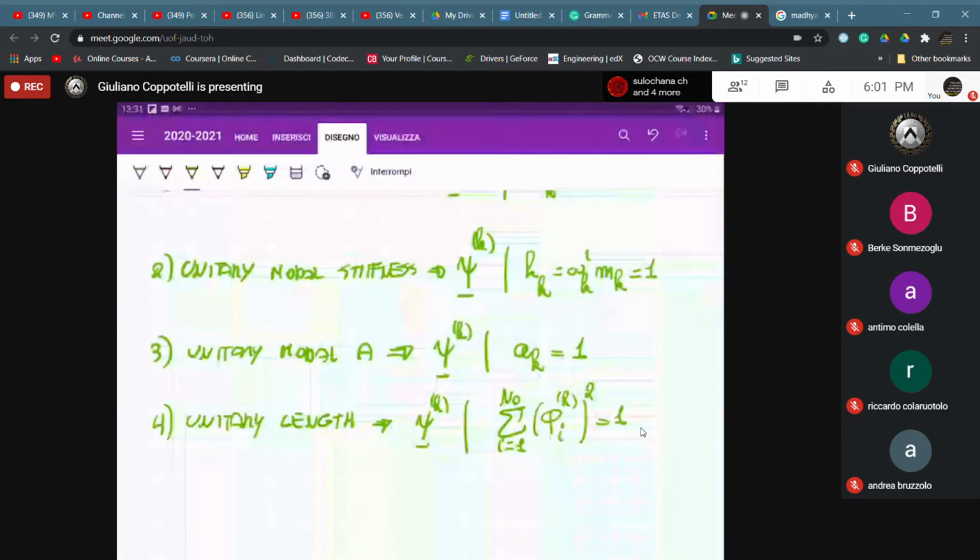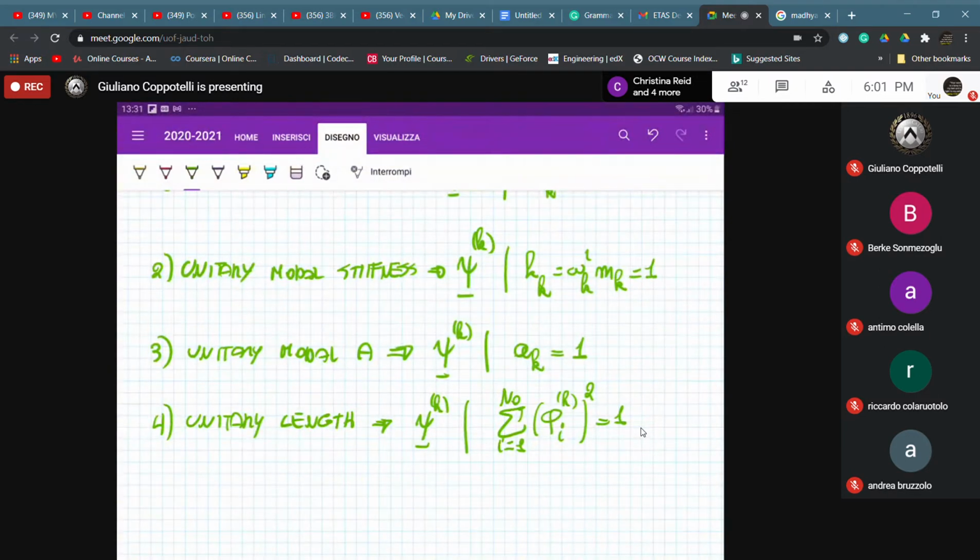Or we can also have another choice, the unitary maximum modal displacement.